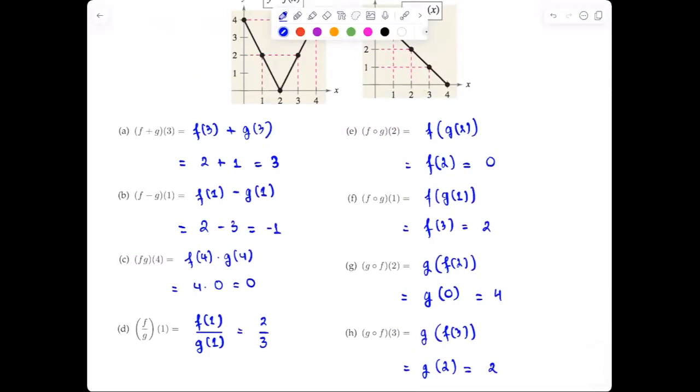Yes. Okay. This 2 or this 2? Either. Okay. So f of 3, that means we go to the graph of f.